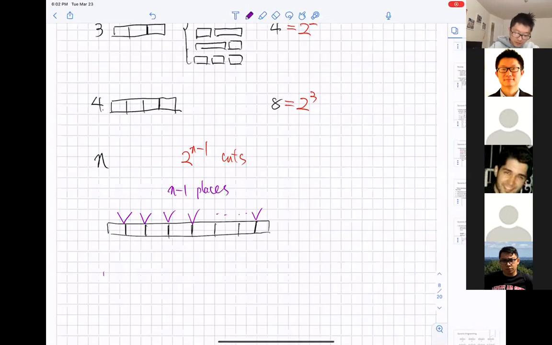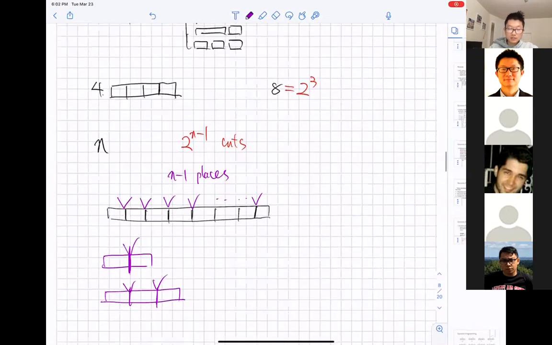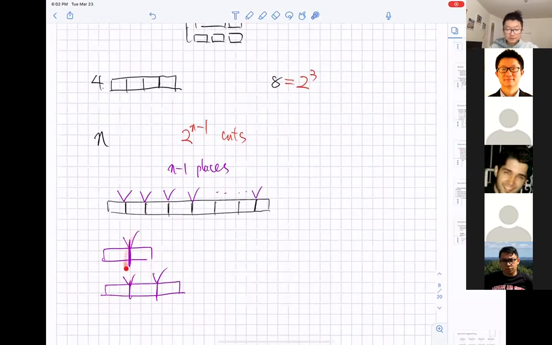So let's be simple. If we got a rod of length 2, this is the only place for us to decide whether to make a cut or not. If we got a rod of length 3, we got 2 different places to decide whether to make a cut or not. So if we have a rod of length n, we have in total n minus 1 different positions to decide.